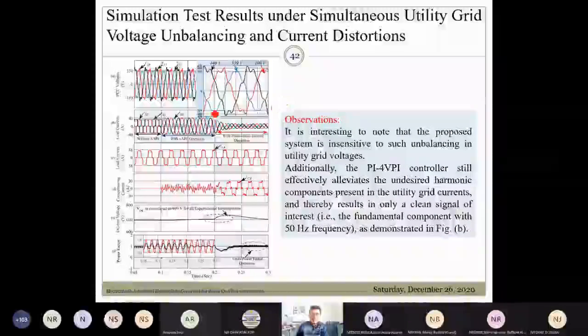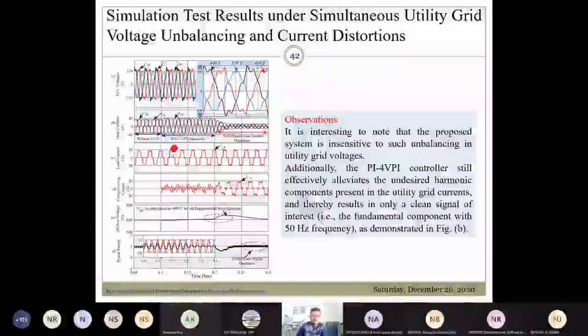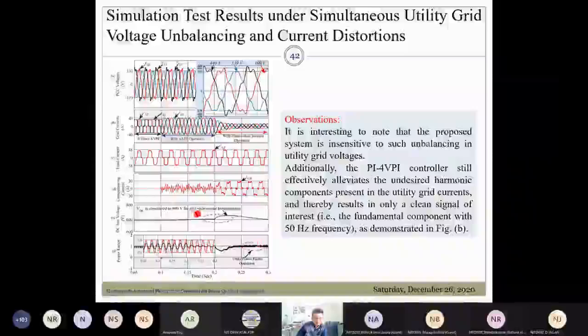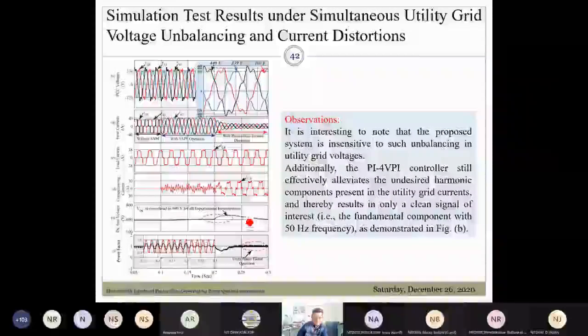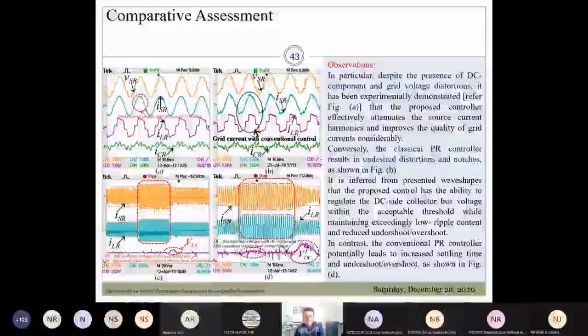Similarly, during voltage unbalancing and grid current distortions, the power factor is maintained constant at unity, and the voltage across the DC link capacitor is maintained well within the normal working limit.